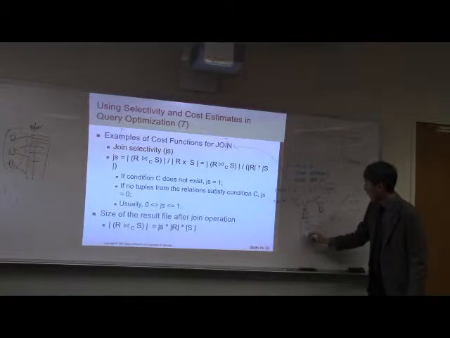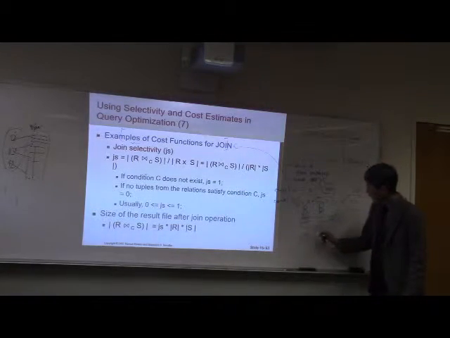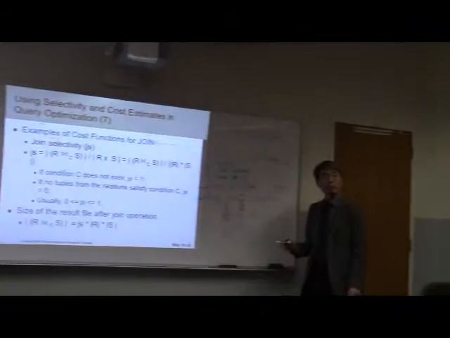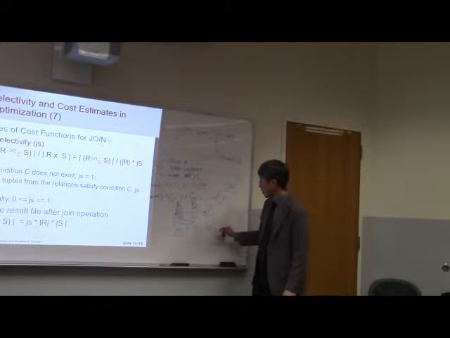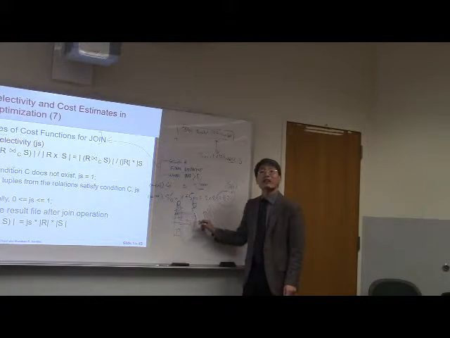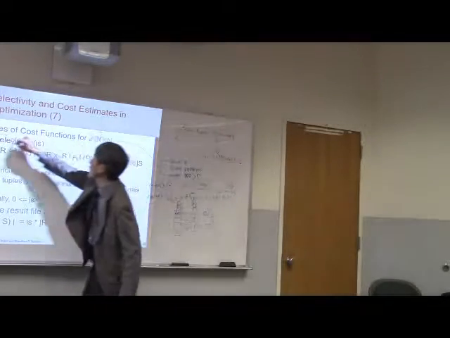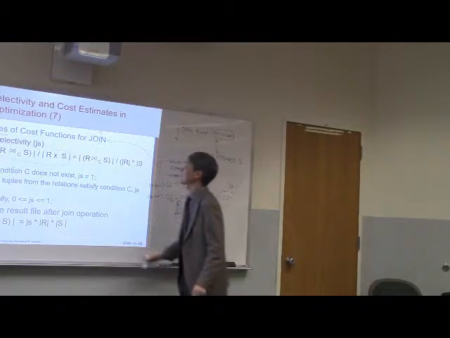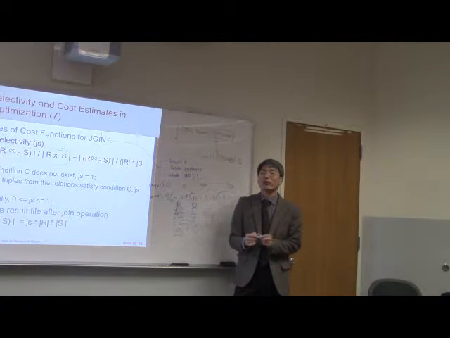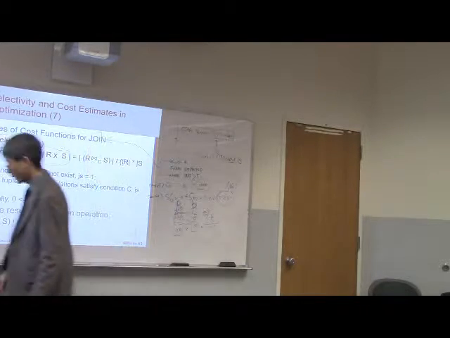For example, we have 100 R and 10 S, and how many in the Cartesian product? It's 1,000. Among the 1,000, how many of them are matched? Let's say 5. Then 5 over 1,000. This is the join selectivity. So join selectivity should be managed here.